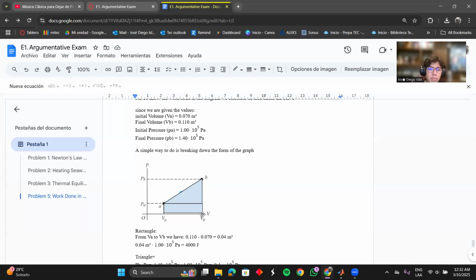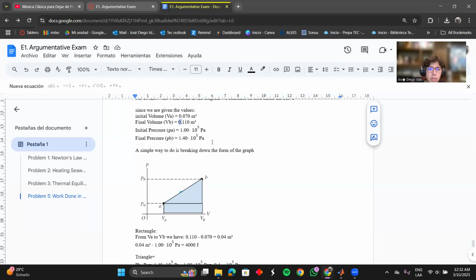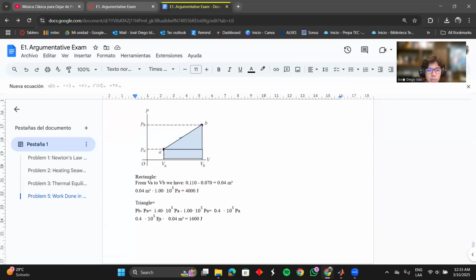And we get that VB is equal to this value right here, 0.11 meters squared. And we get this thing right here, which is VA, 0.07 meters squared. No, meters squared, meters cubed. Please forgive me. So yeah, we know the value here and the value here, but we want to know the value of here, right? So we just subtract. Pretty simple, right?